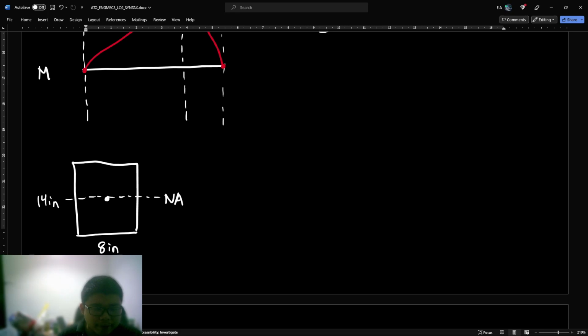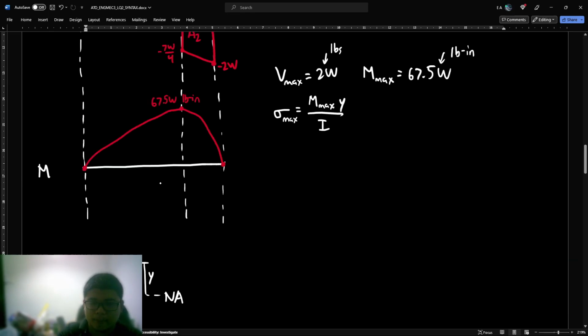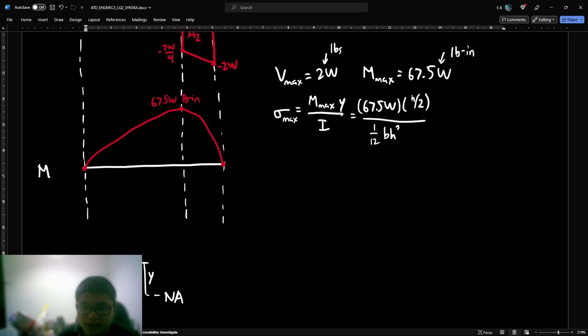Your I here would be equal to 1/12 base times height cubed. Let's not substitute any values yet because we might be able to simplify later, and your Y is H over 2. So this is going to be 67.5 W times your Y, that is H over 2, all over 1/12 BH cubed.